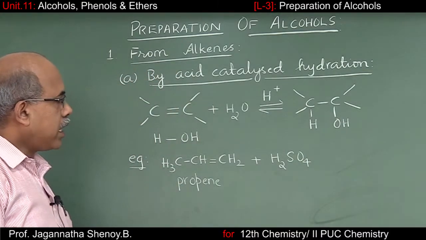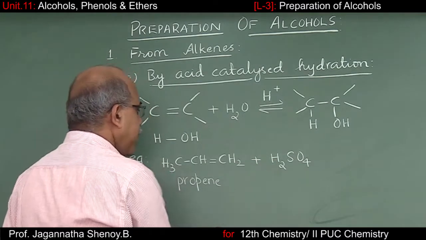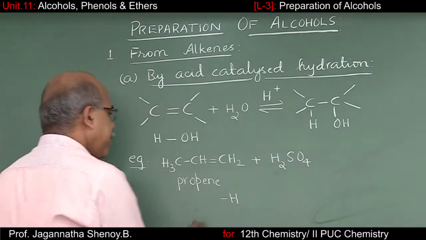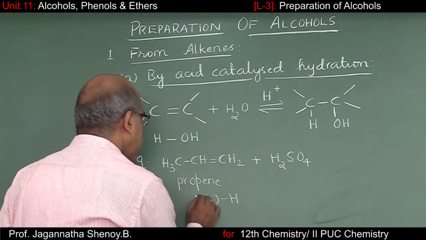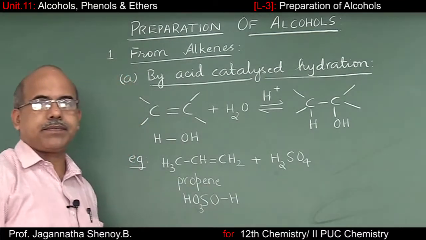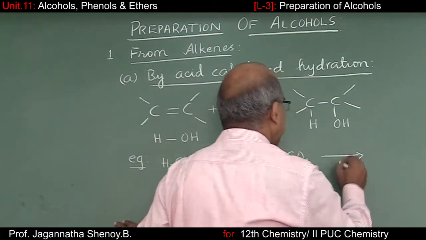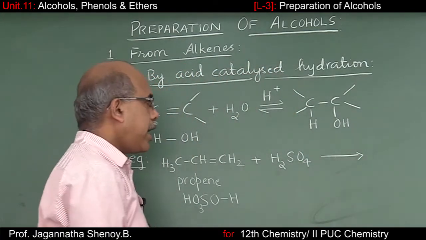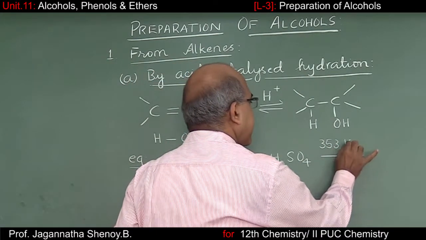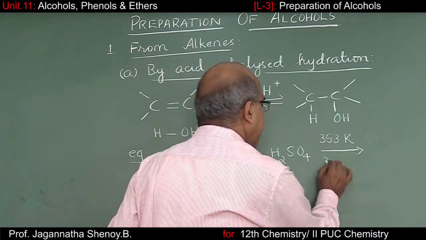So, how exactly the reaction takes place? The sulfuric acid can be written as H on one side and SO3H on the other side. The reaction is carried out at around 353 Kelvin at around 30 atmospheric pressure.